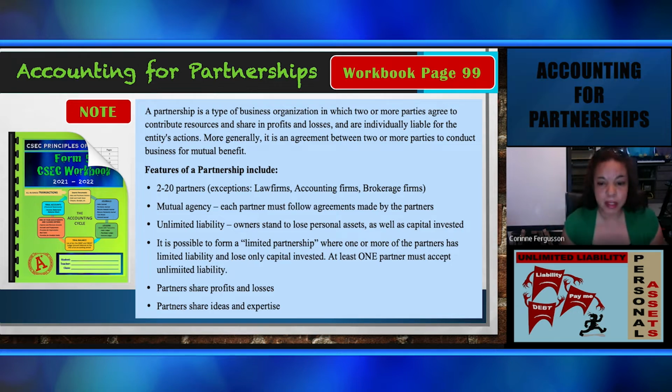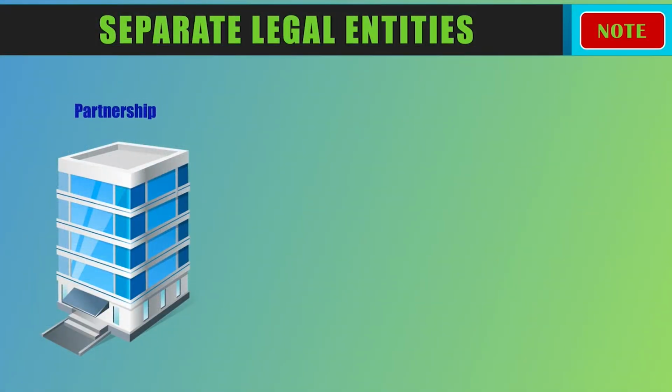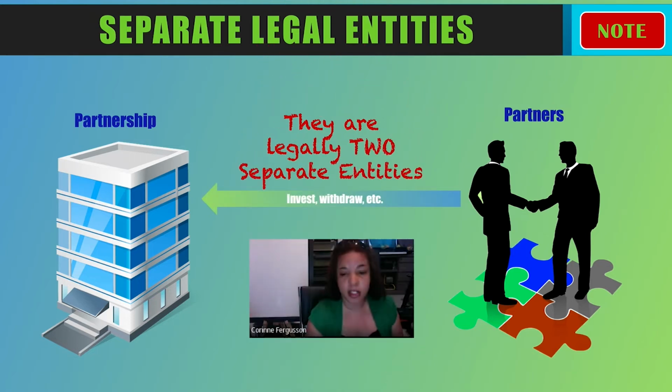Okay, so this is just going into a little bit more detail in terms of what we just said about the unlimited and the limited. There is something called a limited partnership, where one or more of the partners has limited liability, meaning that only his business investment is going to be at risk of being lost. So only that invested. At least one partner must accept unlimited liability.